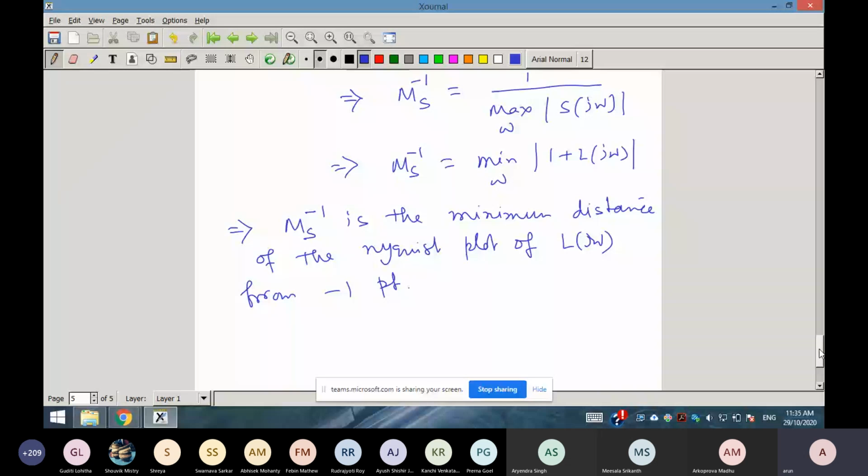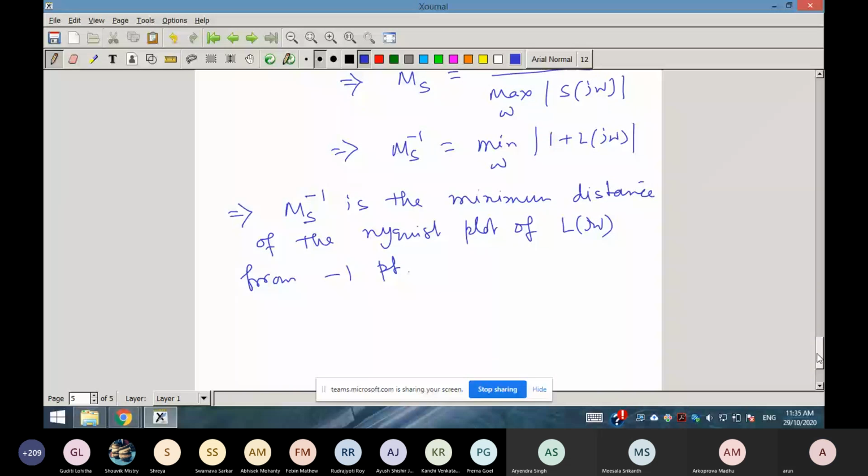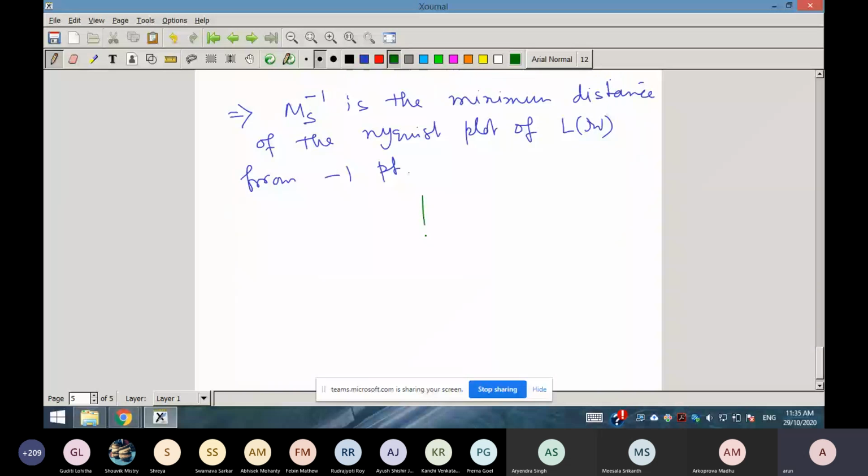So what is now Ms inverse? Again, I am drawing that figure for convenience. This is the real axis of L(j omega), and this is the imaginary axis of L(j omega).